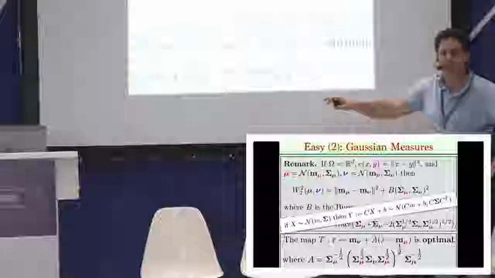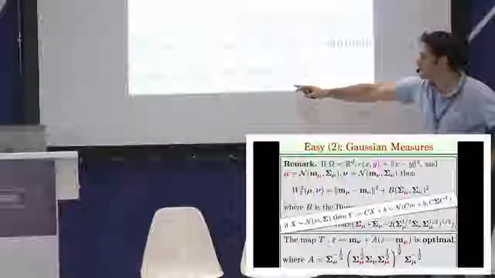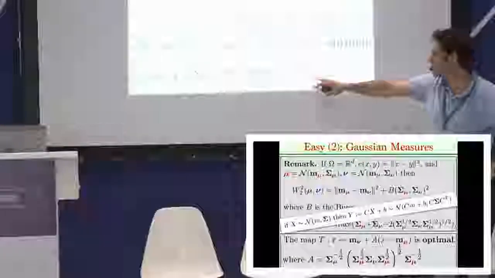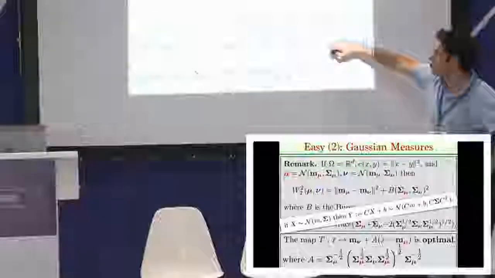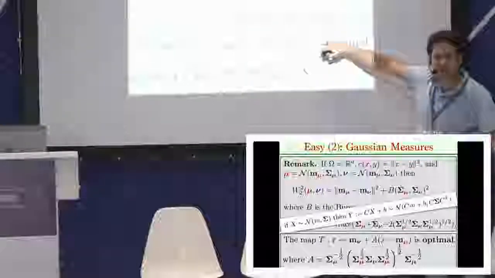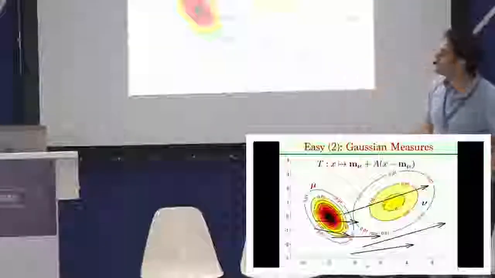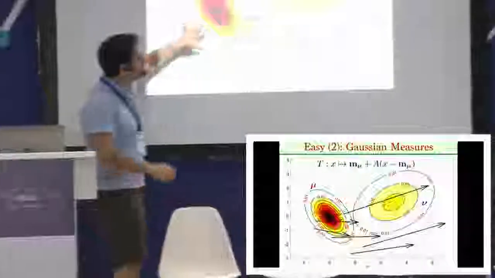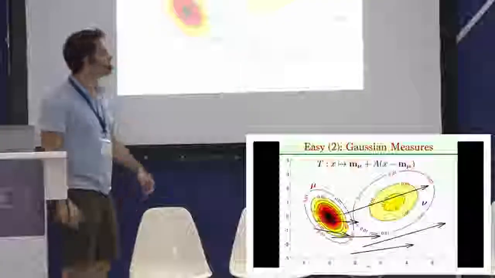It's symmetric, and I'm taking square roots and inverse square roots of positive definite matrices, which we know are positive definite. So I found a map which changes the first Gaussian into the second, and that map itself is a gradient of a convex function. So here is what this map looks like. This is the first Gaussian. This is the second Gaussian.